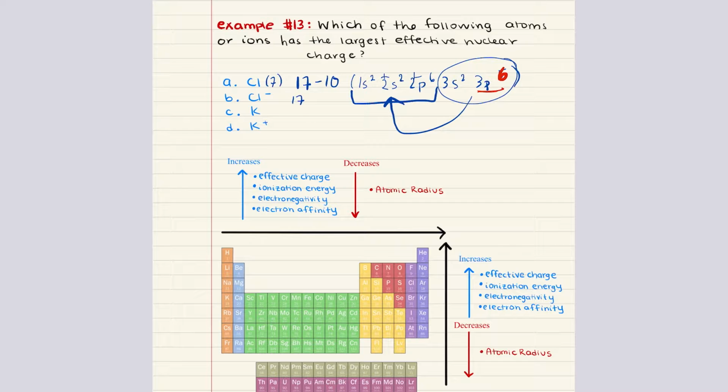That still doesn't change the fact that we only have 10 core electrons. That extra electron increases shielding slightly, but overall shielding is still primarily from those 10 core electrons. And so our calculation is still 17 minus 10, and that's going to be 7 here as well.